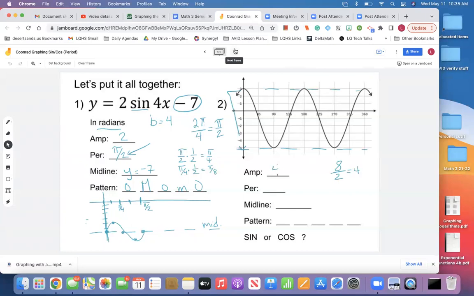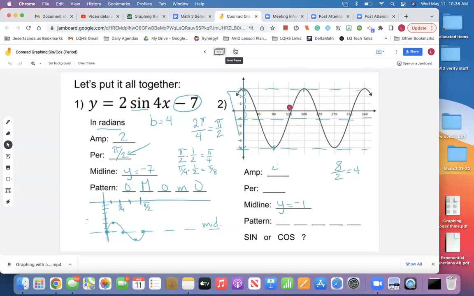So you're going to count down 1, 2, 3, 4. Here is your midline, halfway between the max and the min. So now we know y equals -1 is the midline. The period, we're starting at 0. Max, 0, min, 0, max. Ooh. Do you see what I just did? I made a mistake.